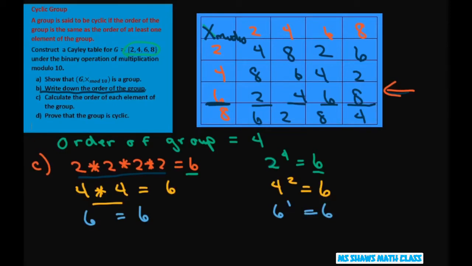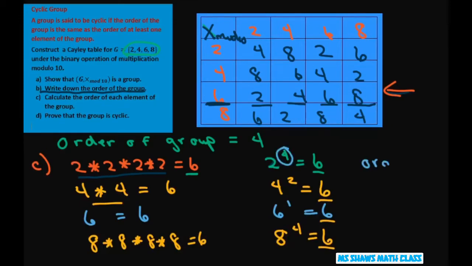And for 8, we have 8 star 8 star 8 star 8 equals 6. So the order of element 8 is 4, since these all give you the identity. So when you're looking at the order, you're looking at this number. So the order is 4 for this one, 2 for this one, 1 for this one, and 4 for this one.